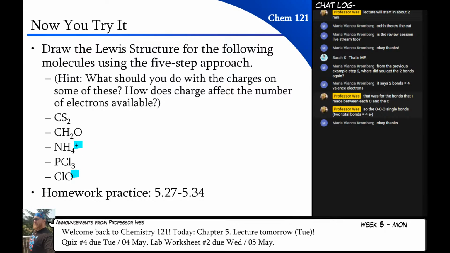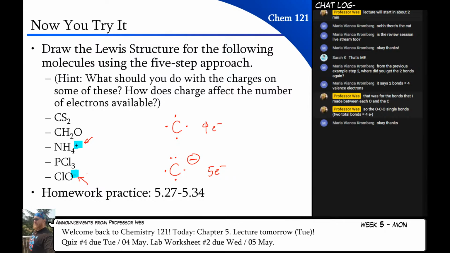What does a charge do to number of electrons? So for example, if I had carbon, it would have 4 valence electrons. But if I had carbon with a minus charge on it, that would be like giving it an extra electron, right? So with these charges over here, these are going to modify the total number of valence electrons.